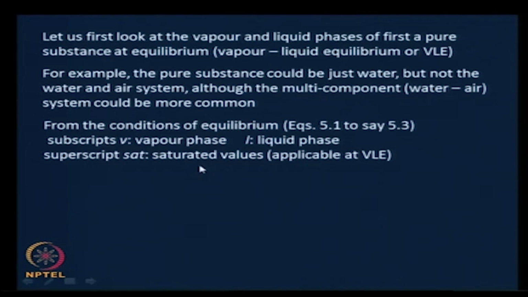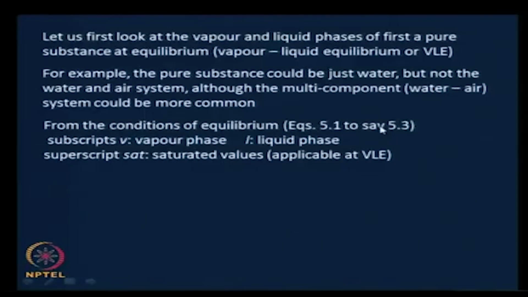This is the vapor liquid equilibrium, and as we have seen earlier, the conditions of equilibrium need to be valid. The conditions of equilibrium, as we said, were that the temperatures need to be equal across phases, the pressures need to be equal across phases, and the chemical potential of every species needs to be equal across phases.